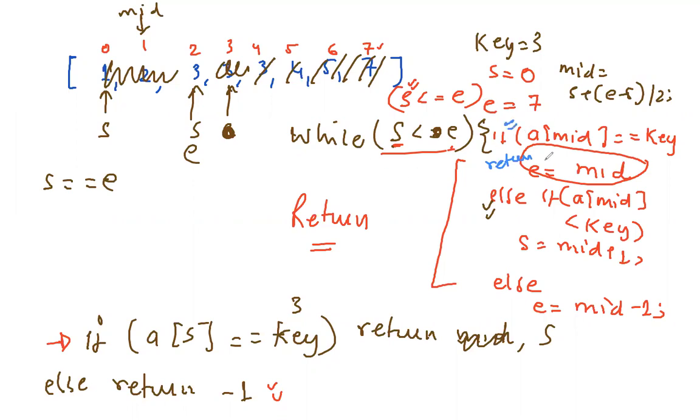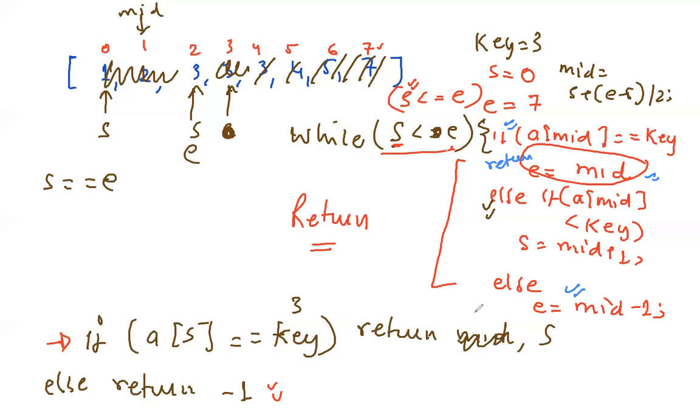Where does this condition execute? This condition is a of mid equals key, right? Then it moves to the left because end becomes mid. There is another condition, which also moves the end to mid minus 1. That means you are moving to the left, right?